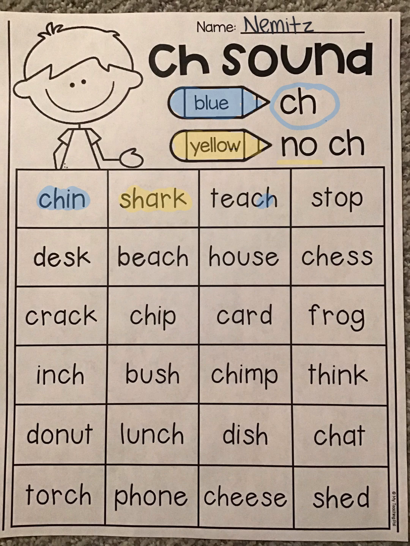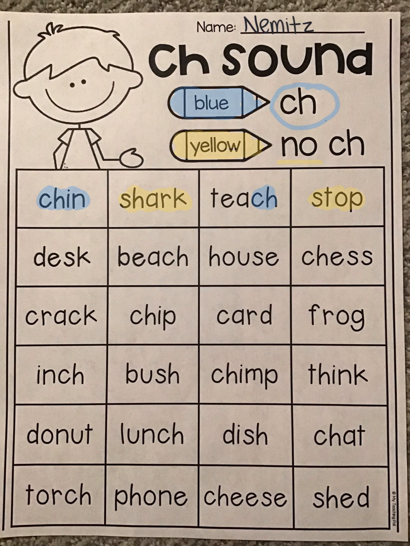And there's that CH digraph at the final part of the word. Teach. The next word over is stop. S-t-op. Stop. And I'm going to color the word stop yellow because there is no CH digraph in the word stop.